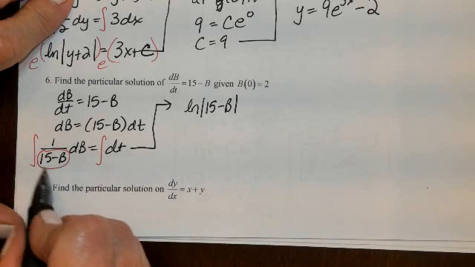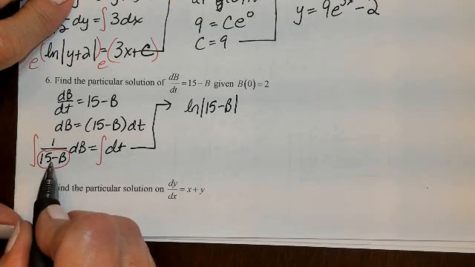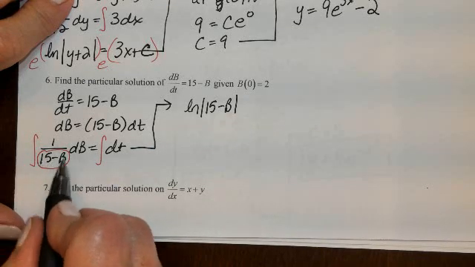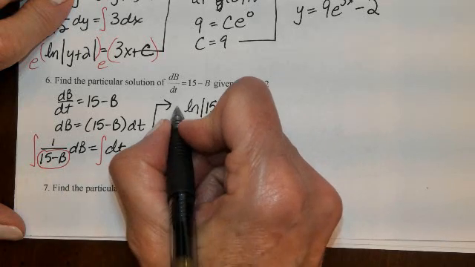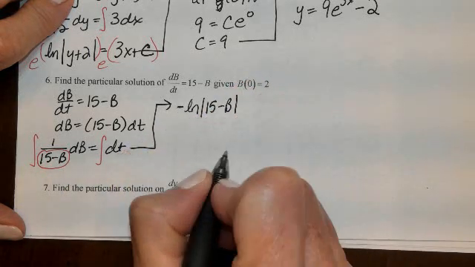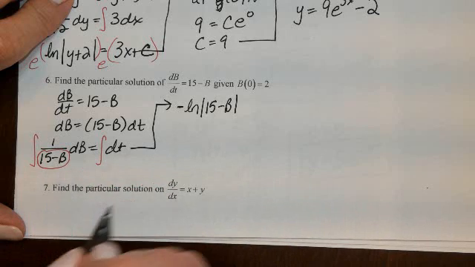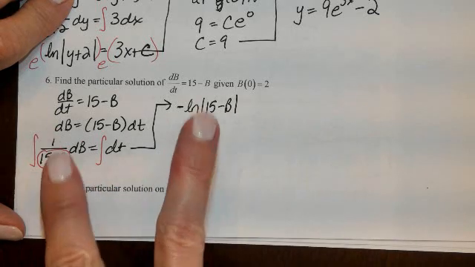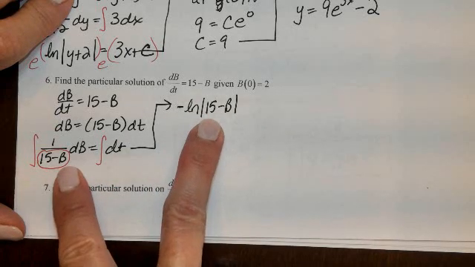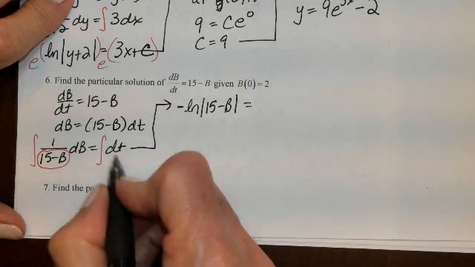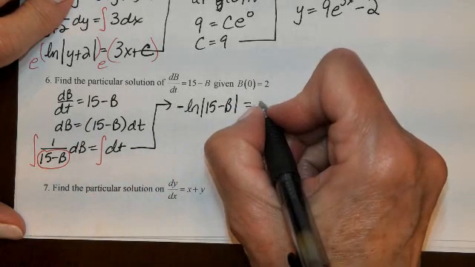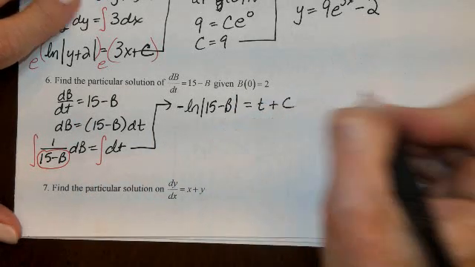But the derivative is a -1, not a 1. If the derivative is anything other than 1, you have to undo it. So I multiply by a negative out here to undo that. That's doing a u-sub in our heads. On the right-hand side, the antiderivative of dt is just t plus c.